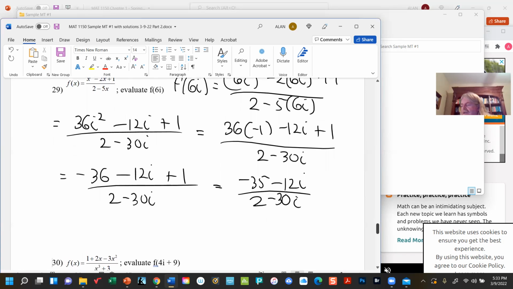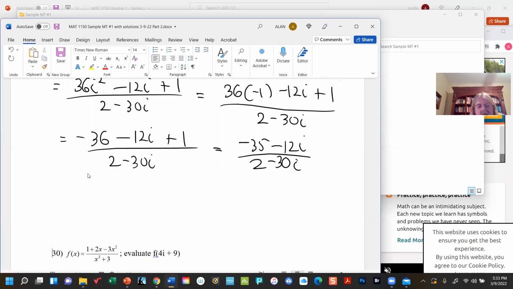That is not wrong, but we know that by convention, we try to avoid having imaginary numbers in the denominator. Okay, so what would we do next? Just to make it a little neater, the complex conjugate of 2 minus 30i is 2 plus 30i.